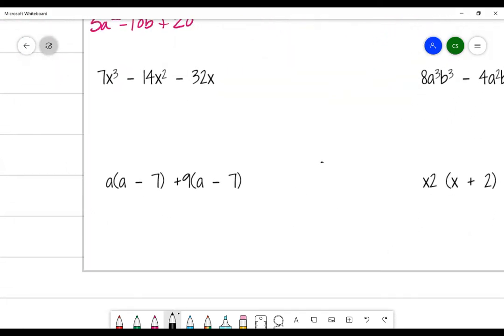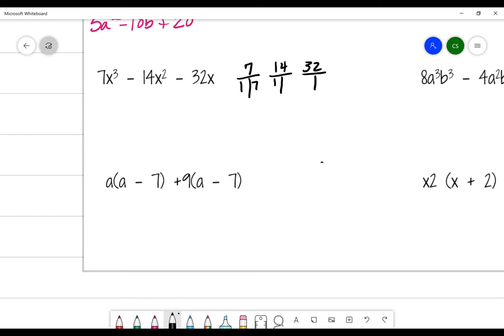All right, 7x cubed minus 14x squared minus 32x. That means I need to find the greatest common factor between all of those terms. And between 7, 14, and 32, I don't think they share any numbers, but we'll see.